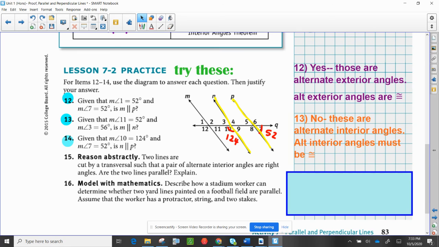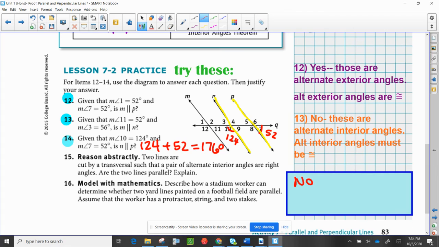So for 14, we have same side exterior angles. And in order for those lines to be parallel, those angles would have to be supplementary. So 124 plus 52 is only equal to 176 degrees.